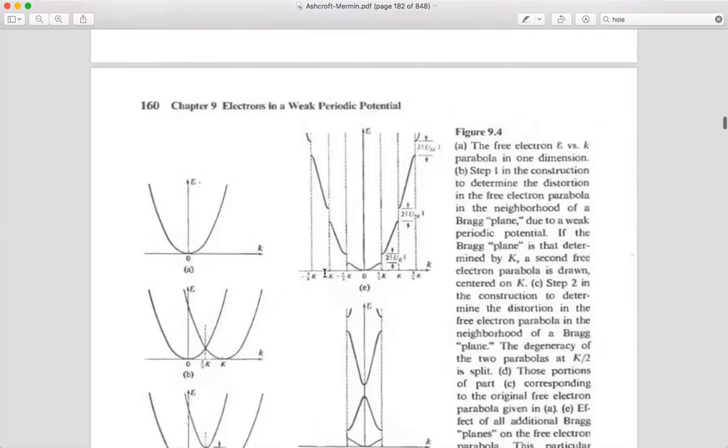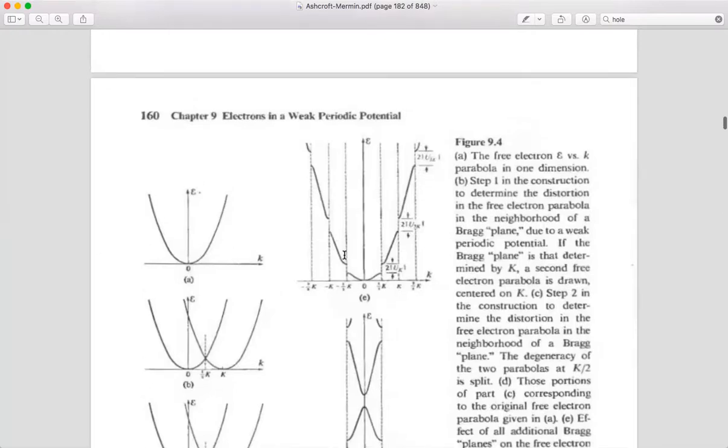So all of these are Bragg planes. There will be discontinuities. Here it would be twice of UG, here it will be twice of U2G, here it will be twice of U3G, and so on. So this parabola now gets split into these various branches.